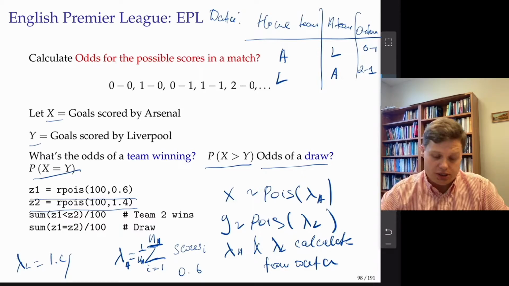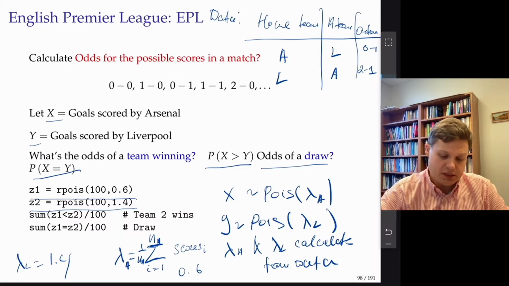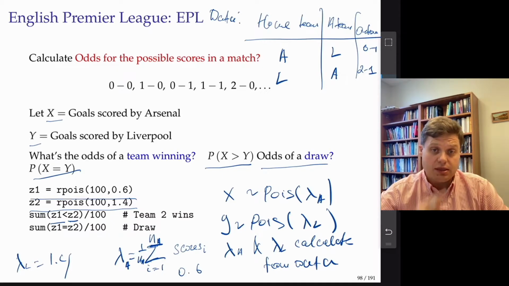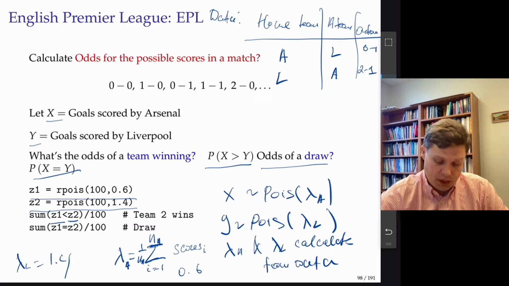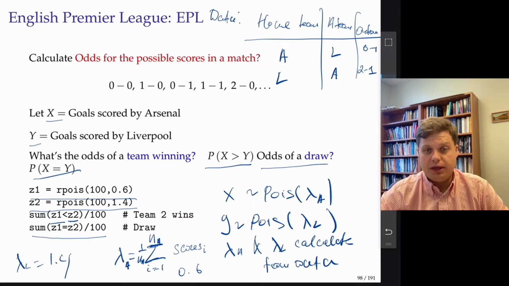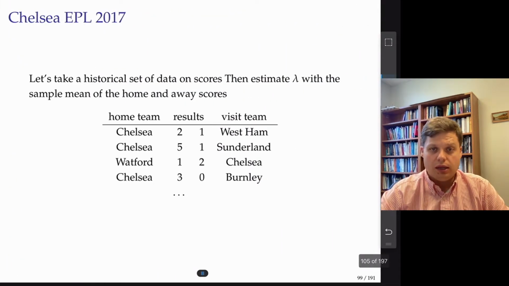And then I just calculate in how many cases, what was the proportion of the games where Z1 was less than Z2, meaning that Arsenal lost the game, and vice versa. I'm gonna calculate the draw by calculating the proportion of the cases when the scores were equal.